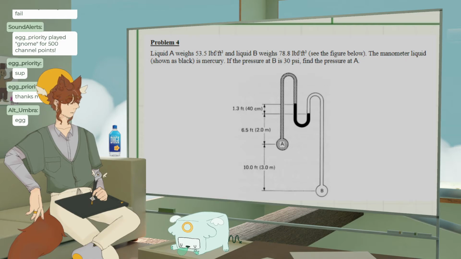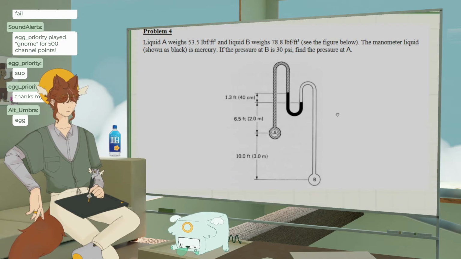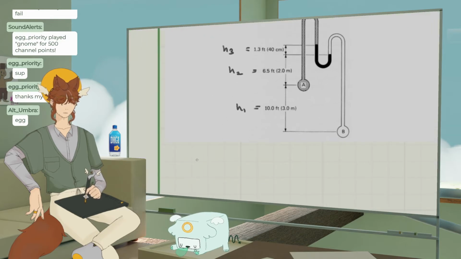I'm gonna do it symbolically, because I don't really want to deal with... This is gonna be H1. This is gonna be H2. This is gonna be H3. Okay, so we start... We say pressure.